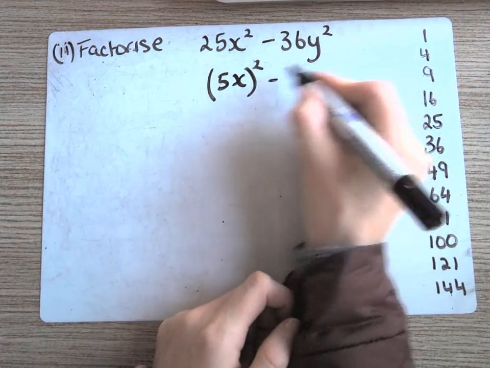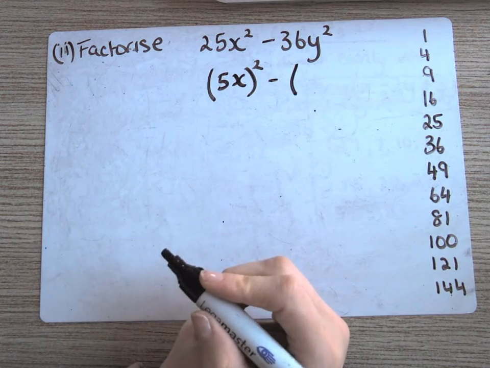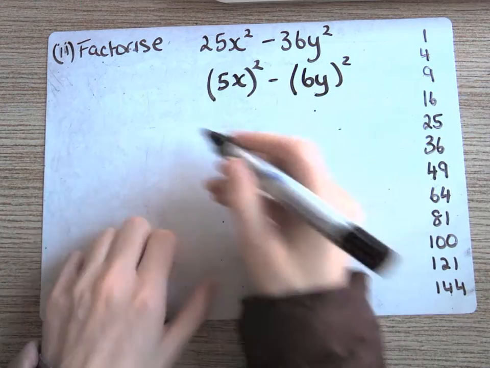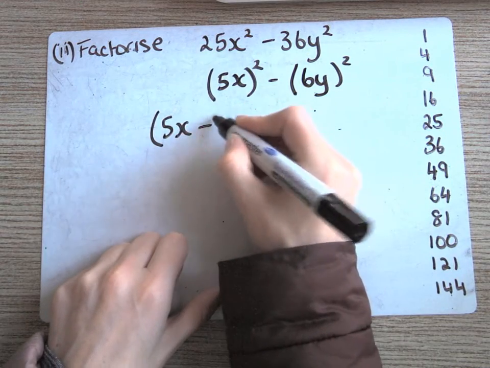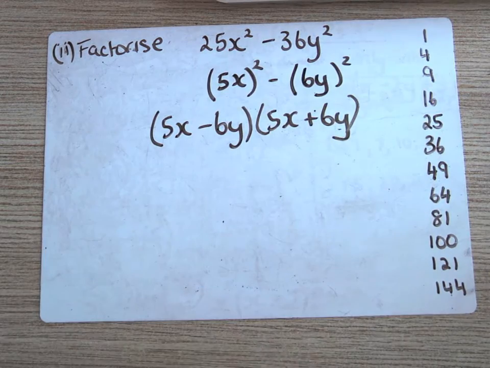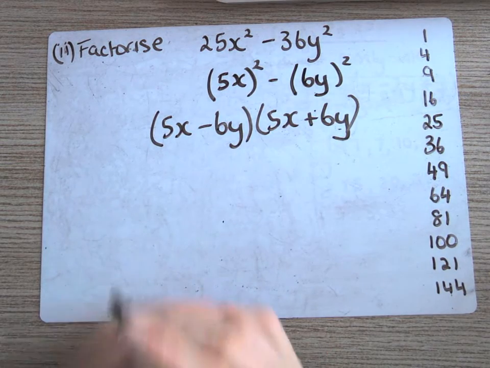Minus 36y squared is what to be squared? 6y to be squared. Excellent. Open up 2 brackets. 5x minus 6y, 5x plus 6y. One's a plus, one's a minus, doesn't matter where. It doesn't matter what order? No.